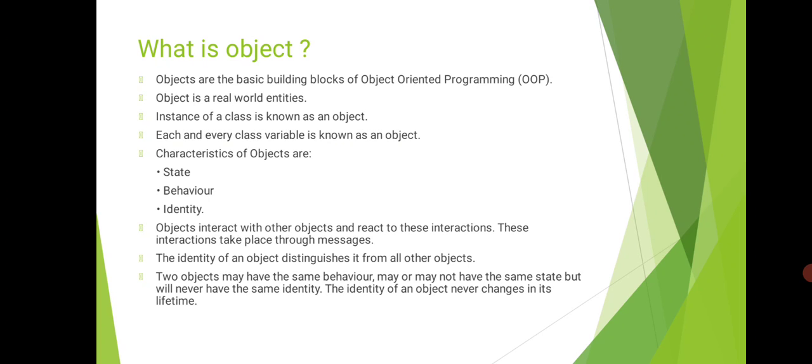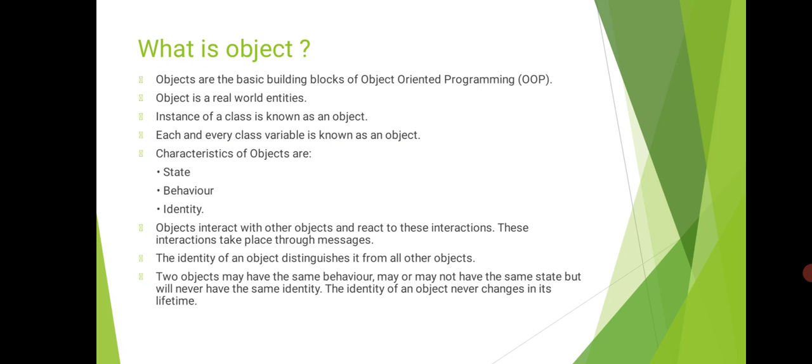Okay, so an object can also be defined as an instance of a class. So they are nothing but instances, right? Objects are instances of a class. So what does instance mean? Here instance is nothing but allocating a sufficient amount of memory space for the data members of a class, right?